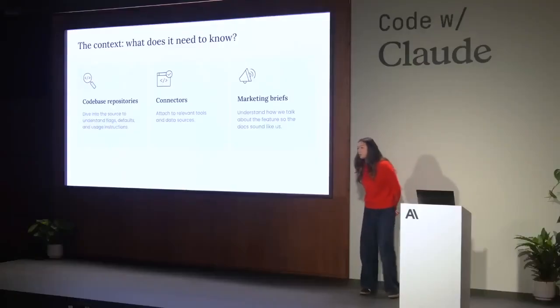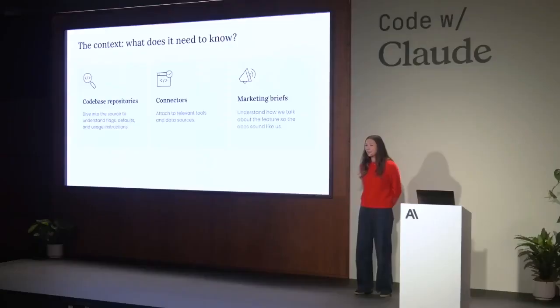Or maybe anytime Claude creates a PR, I'll want it to ping me on Slack, so I'll give it access to the Slack connector. It's important to think about this as you're setting up the routine, because whatever context Claude has, that's the ceiling of how successful Claude will be.